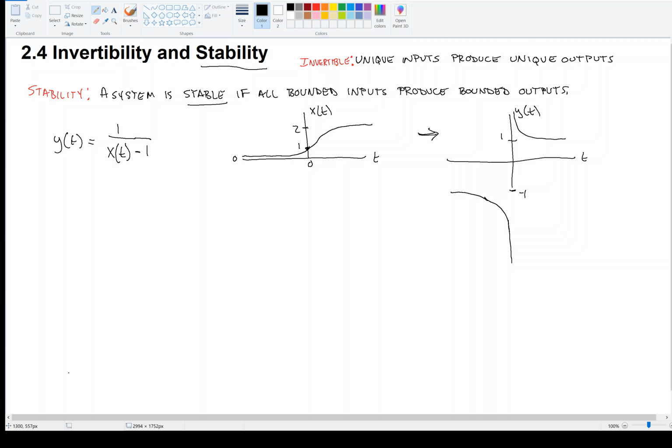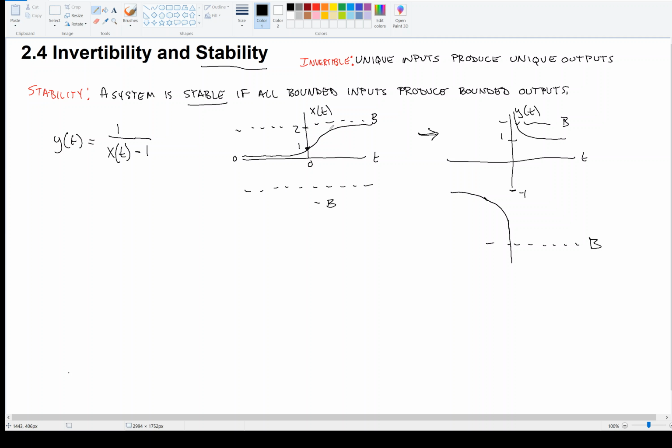And so what you can see is that I have no B. I cannot find a B here to squish this output. Even though I could find a B here to squish the input. I could choose B is equal to 2.1 or something like that.